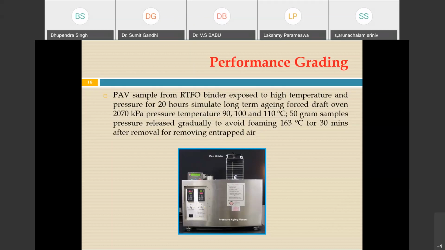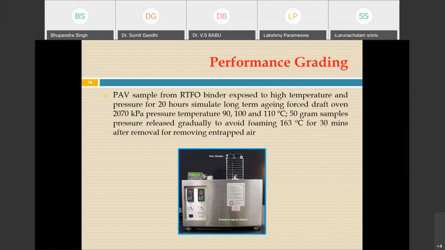The test is performed for 20 hours, in an oven with a pressure of 2070 kilopascal. The temperature that we choose can be 90, 100, or 110 degrees Celsius, depending upon the climatic condition of our location, our field conditions. And that is how we perform the PAV test.